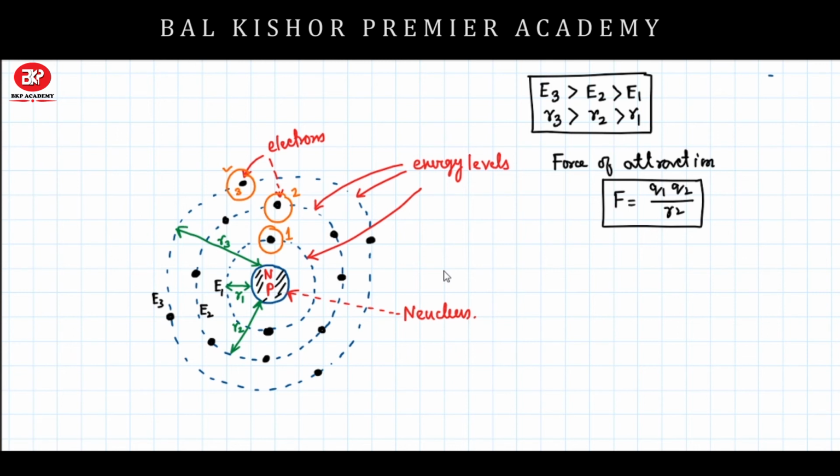It has been seen that the electrons orbiting around the nucleus in the outer orbits will have higher energy than the electrons in the inner orbits.